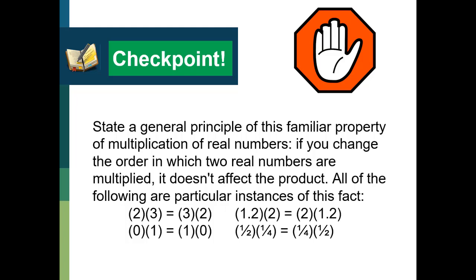Now, this property is popularly known as the commutative property of multiplication. Now the question is, state a general principle of this familiar property of multiplication of real numbers. You can pause this video for a while and think of the possible way of writing the property using variables. Then you can play the video again to view the correct answer. Is that clear?